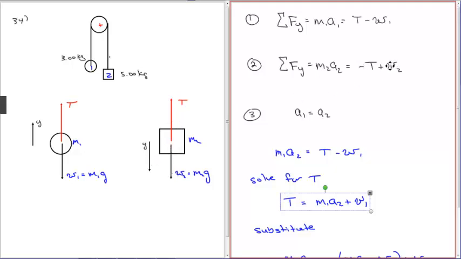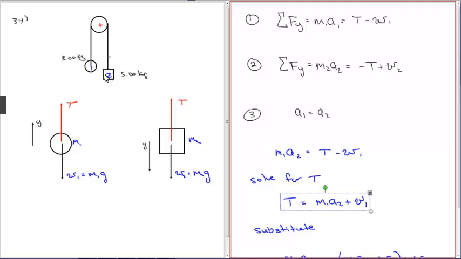And the acceleration, we don't need to know that at this point. It turns out it is positive because this is greater than that, but if it turned out the other way, we'd end up with the acceleration being negative, which would say that it's opposite of what we guessed it to be. The third equation says that the acceleration of this element is the same as the acceleration of that element, and that's because they're connected by the string.